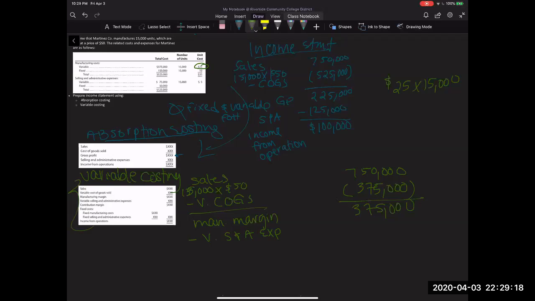And it tells me that my variable selling and administration expenses is 75,000. So that's what I'm going to subtract out here, $75,000. All right. So then I come up with 300,000, and that 300,000 represents my contribution margin.